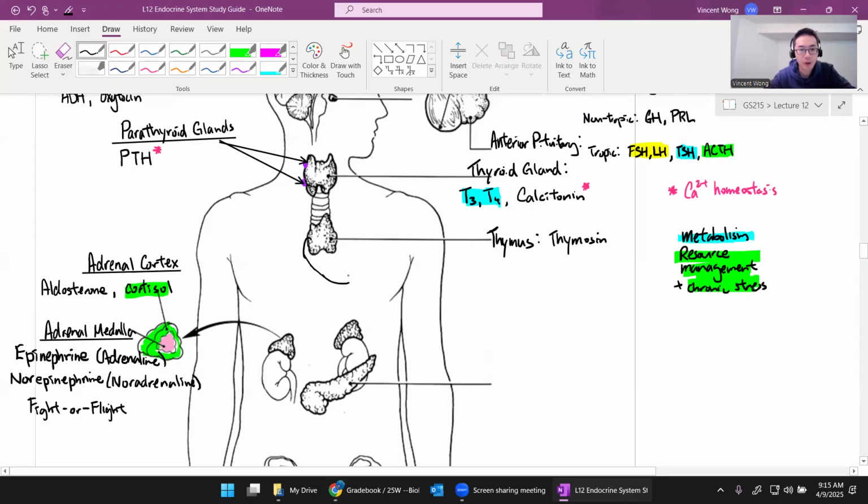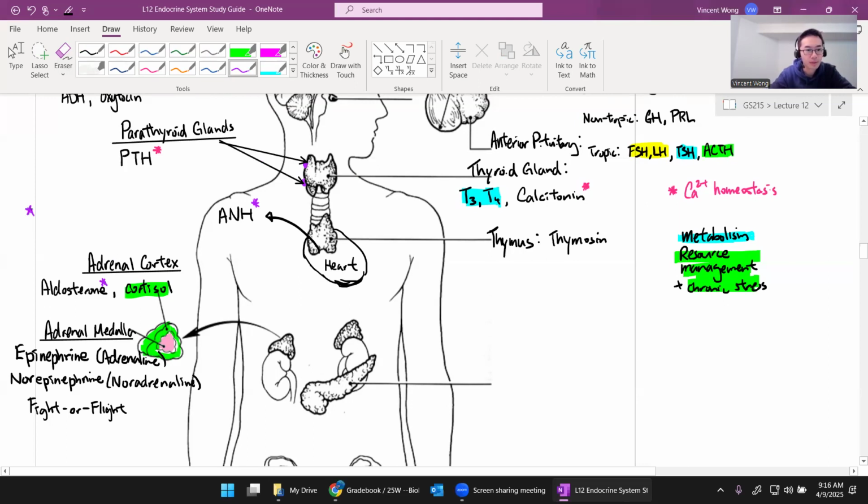Now we probably should put the heart here. There's a heart. And we know the heart secretes the ANH. We can put a star between ANH and aldosterone.